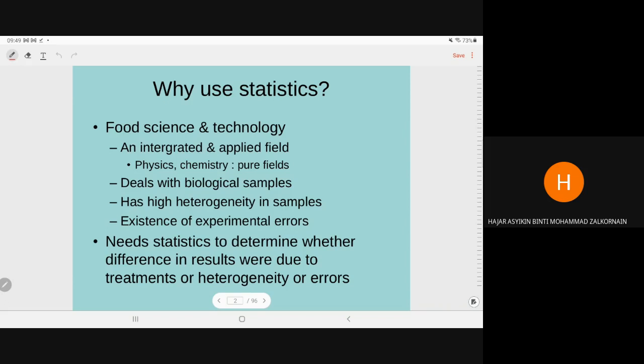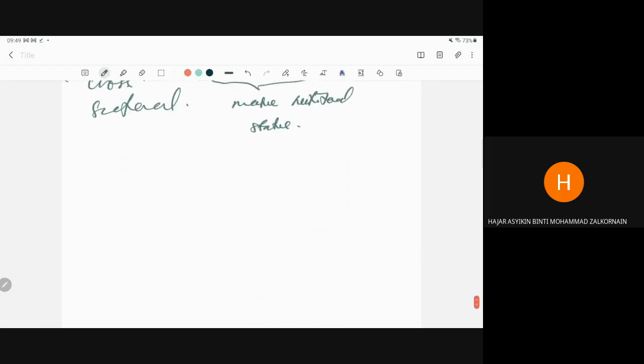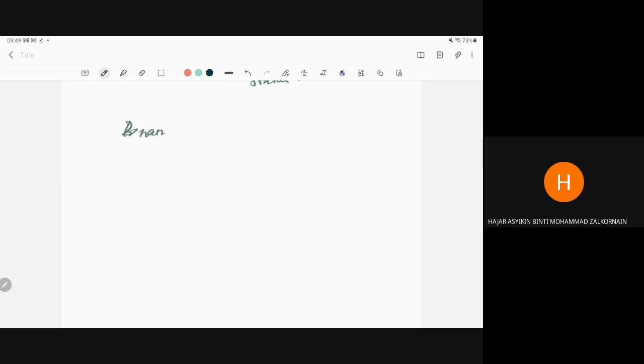For example, we take banana 1, and this is banana 2, and for both we measure the moisture content. Same methodology, for example, AOAC. This also AOAC.